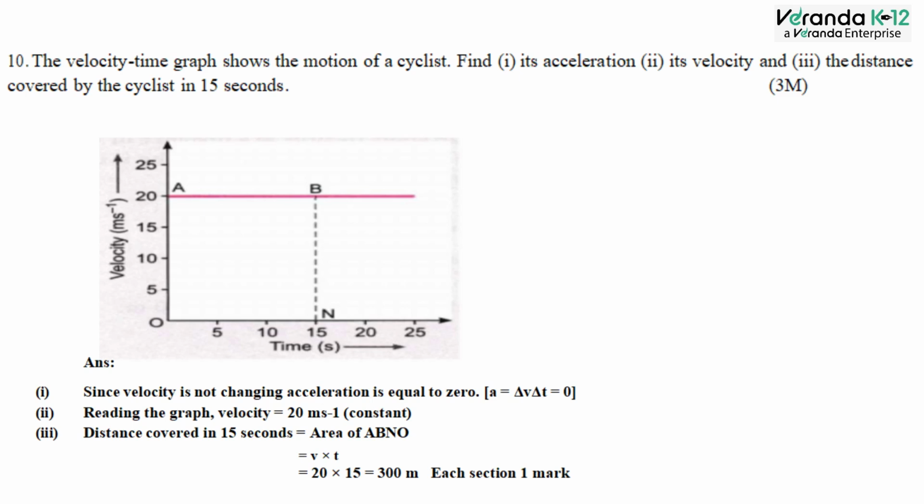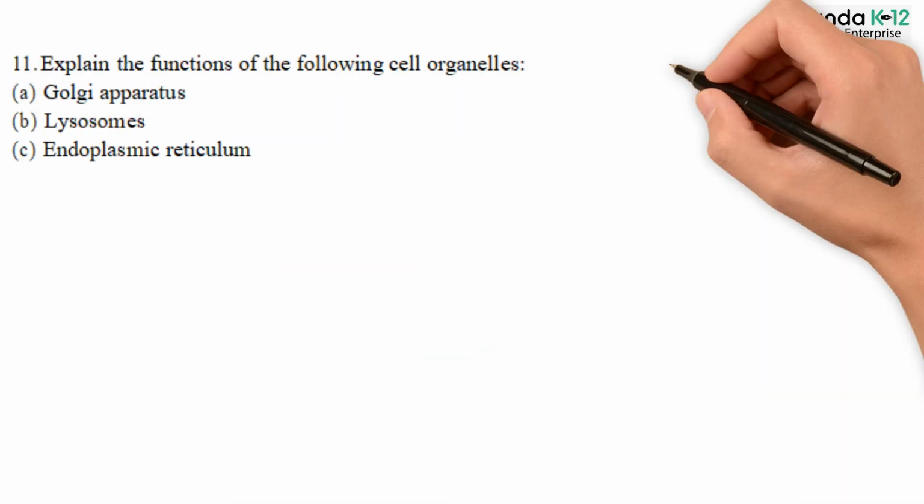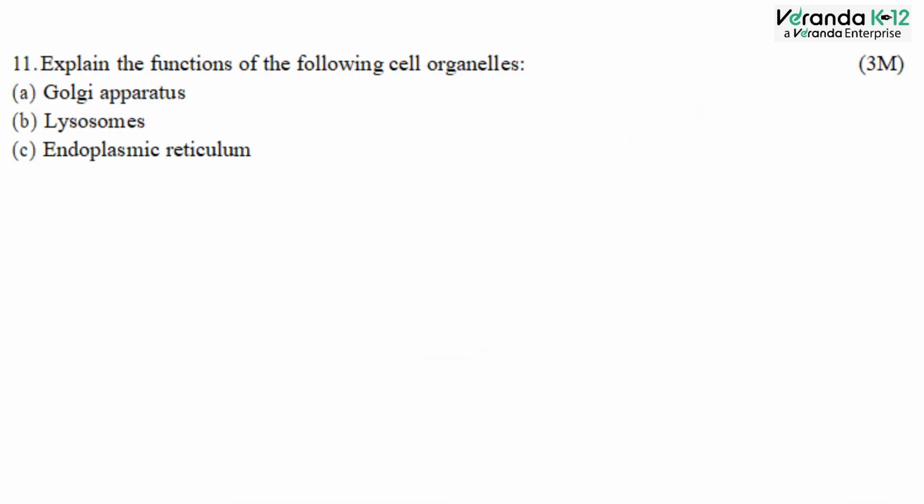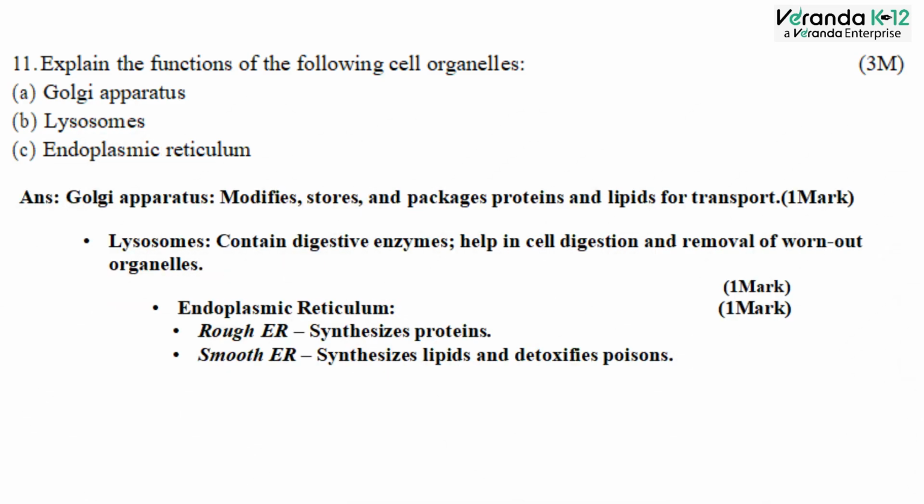Each section carries 1 mark. Question number 11. Explain the functions of the following cell organelles. A. Golgi apparatus. B. Lysosomes. C. Endoplasmic reticulum. The answer: the Golgi apparatus modifies, stores and packages proteins and lipids for transport.